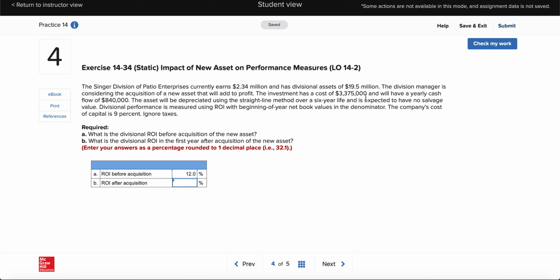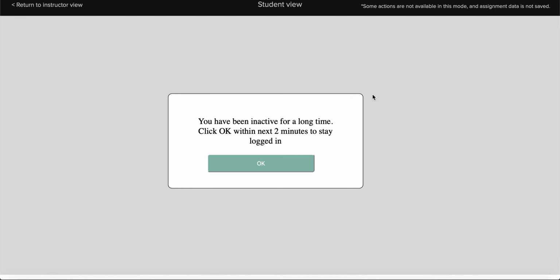So if I do the math on that and subtract it from 840, then I will end up adding $277,500 to my income amount of 2.34 million before I purchase the asset. Then I'm going to divide it by 19.5 million plus this additional investment cost, 3.375 million.